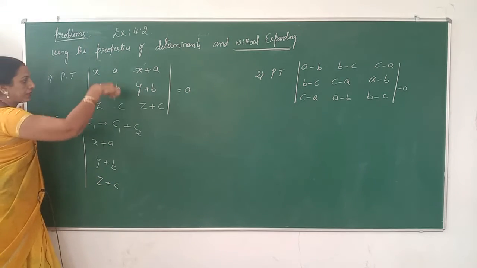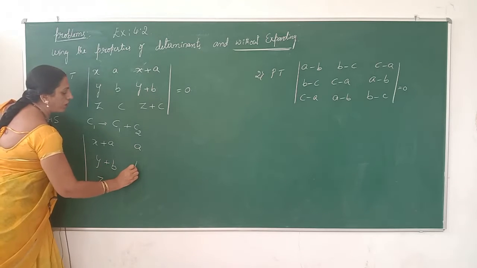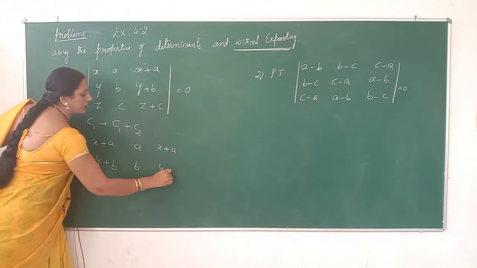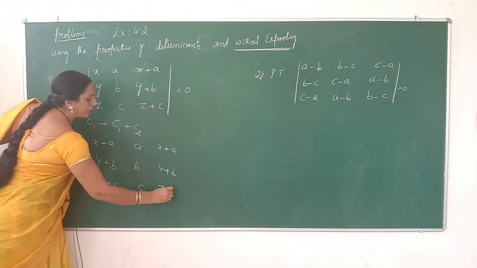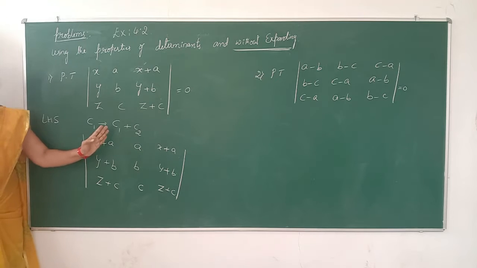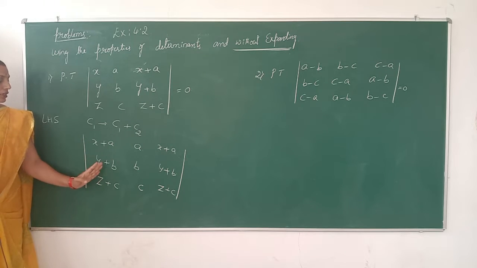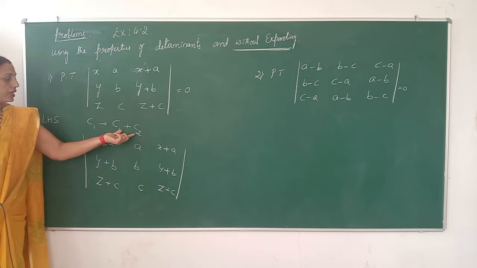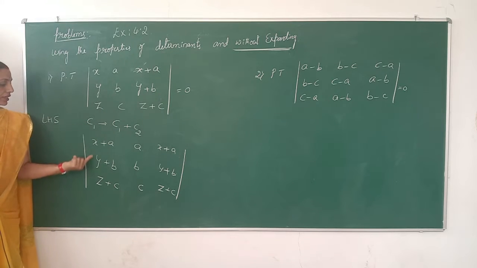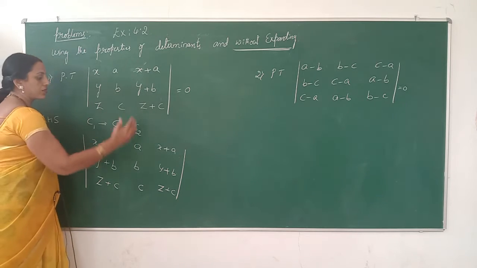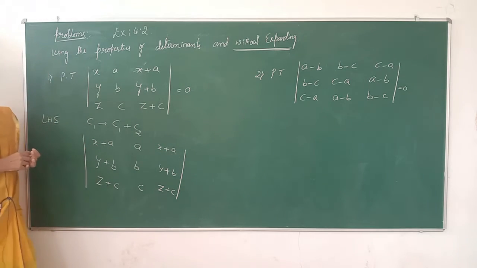The elements of the second and third columns do not alter. I am applying the change only for the first column. The second and third columns I continue as they are.